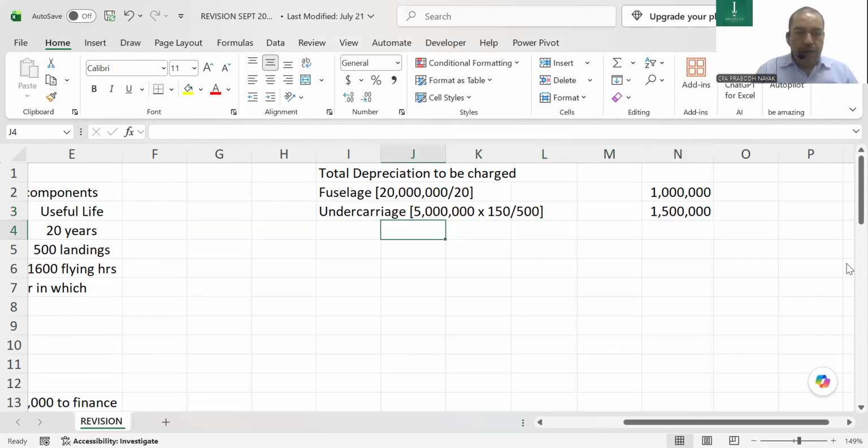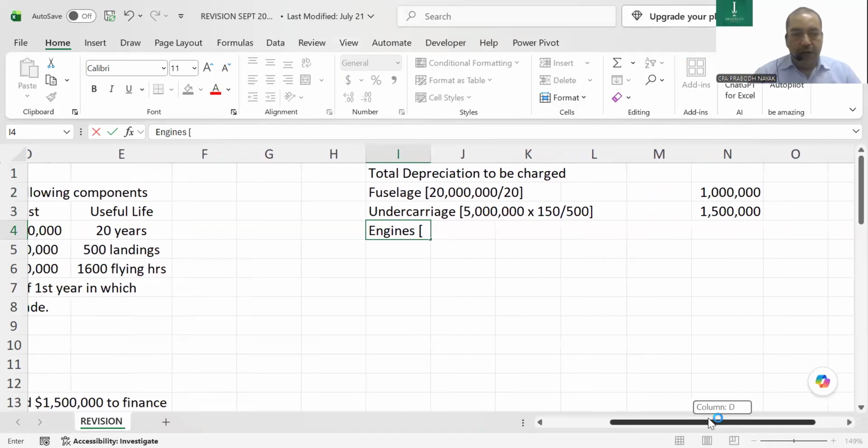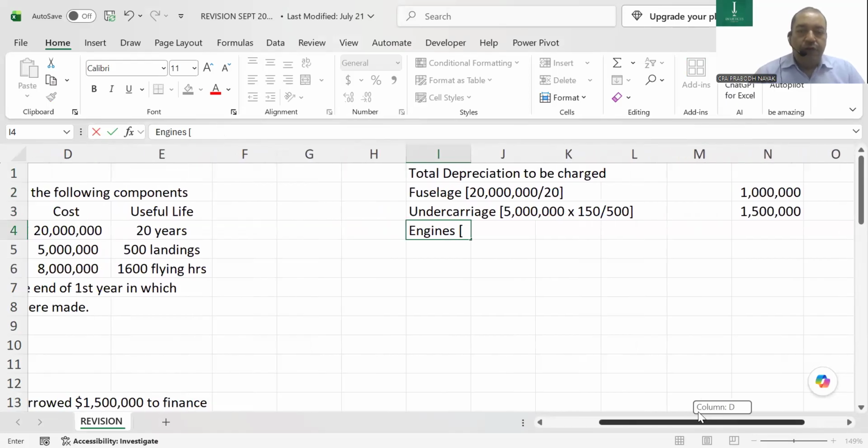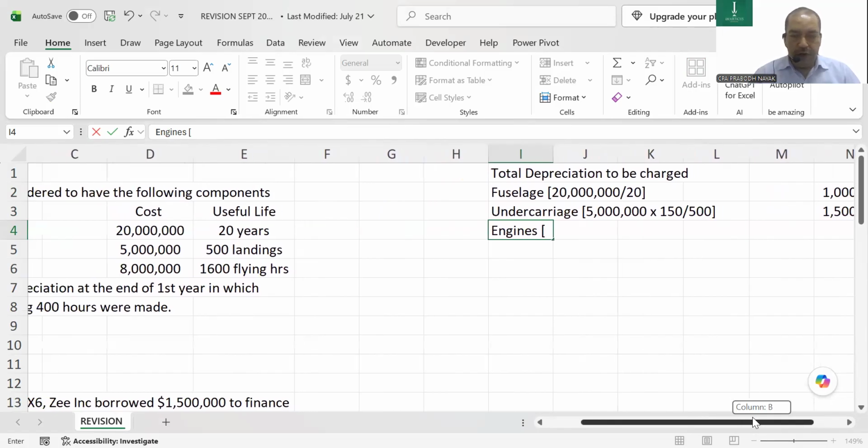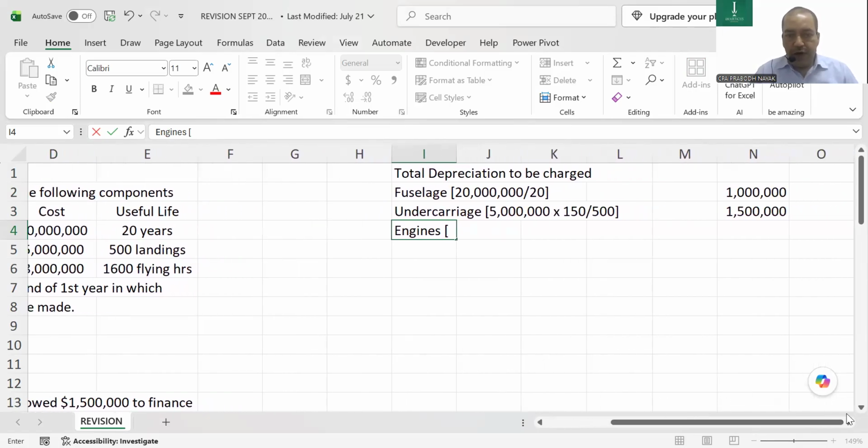Okay. Next is engines. Engines have a cost of $8 million and 1,600 flying hours. How many flying hours have there been in the year? 400. So 400 out of 1,600.